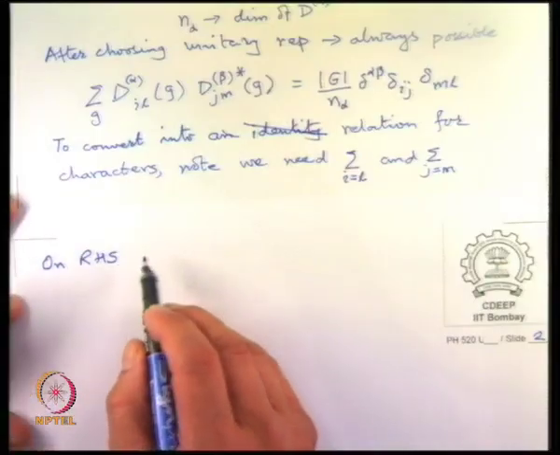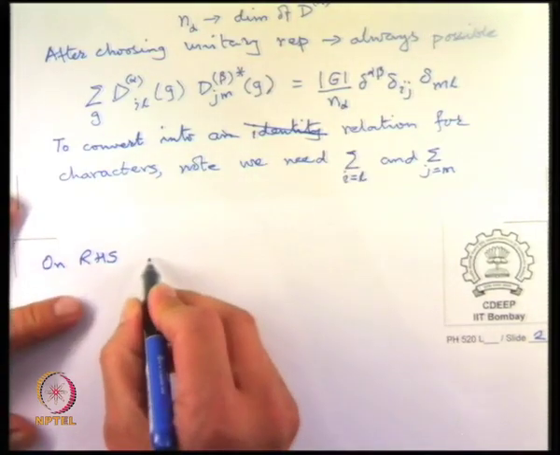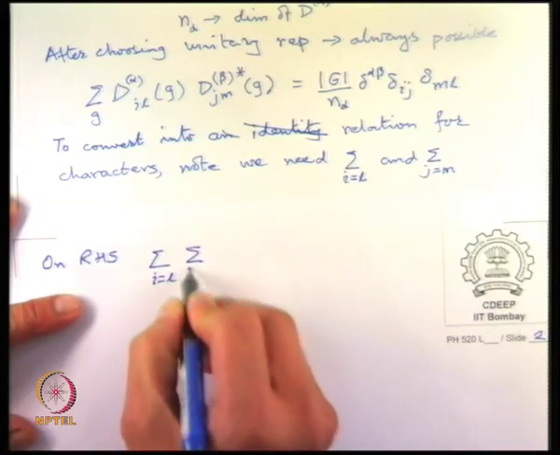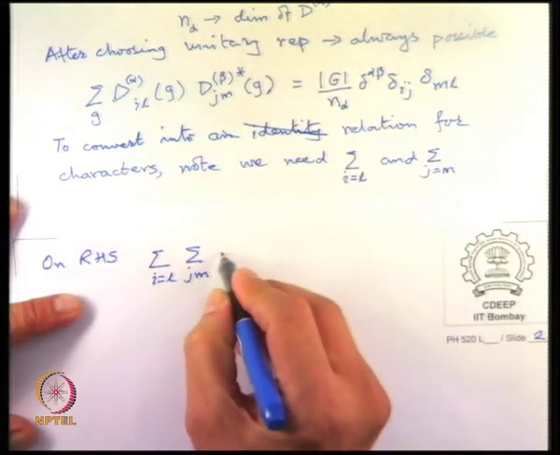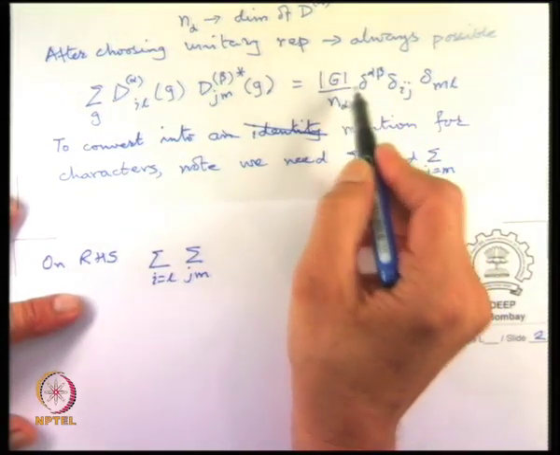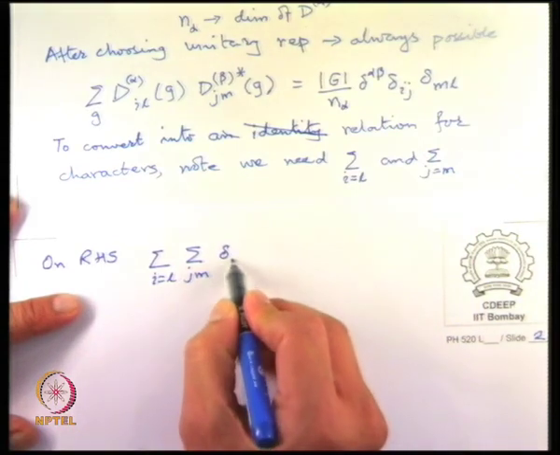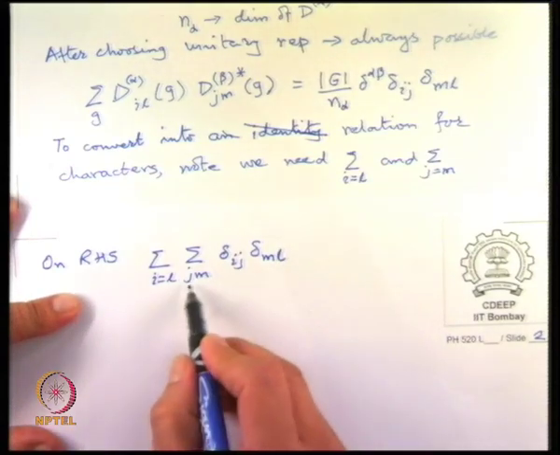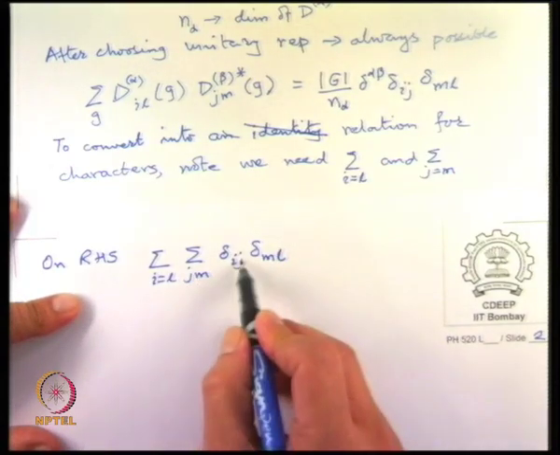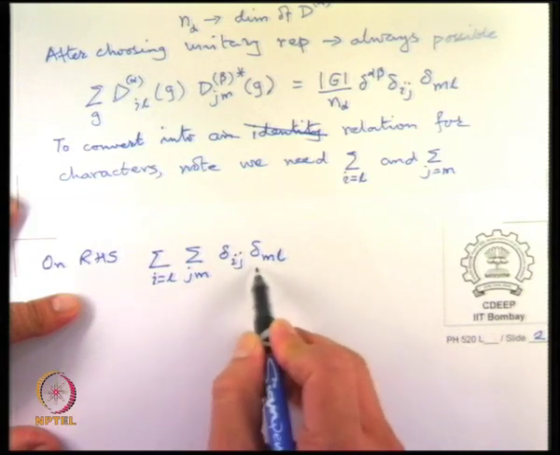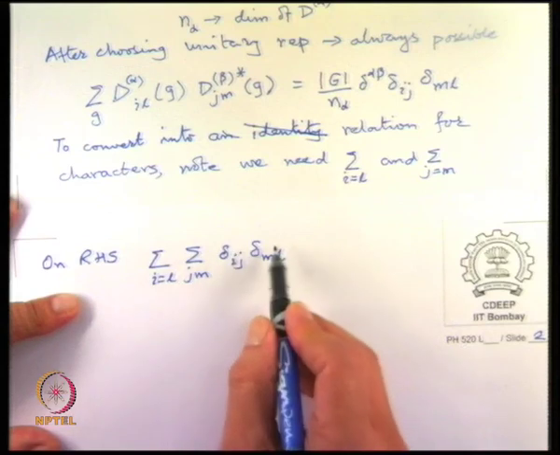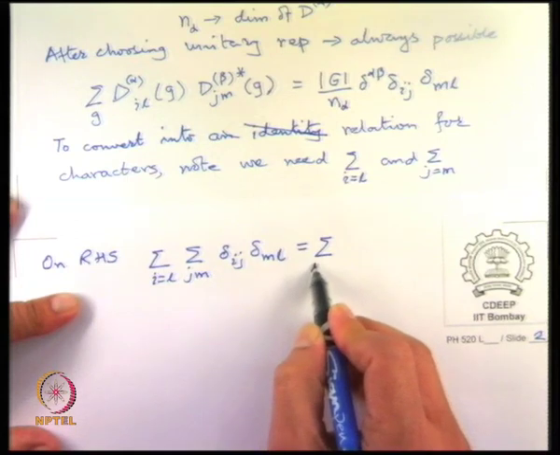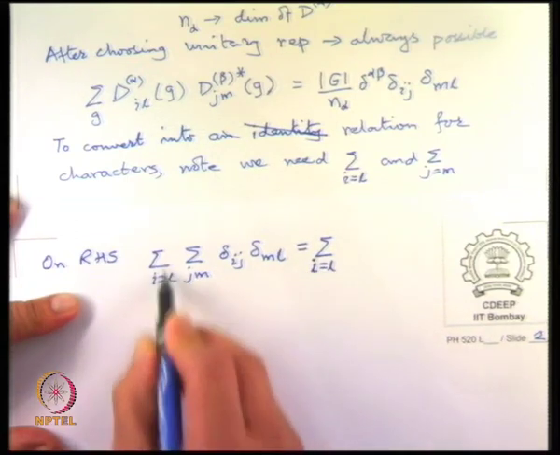So on the right hand side, if we do this, sum over I equal to L, sum over j equal to m of, now what is there on the right hand side? Well, these are things independent of I and j, but if I put the things that are dependent on I and j inside, then I have this. But if I do a summation over mj, then I am summing this and this, but that is like a matrix product of this delta with this delta. So it actually results in I equal to L. The outer summation is still there.